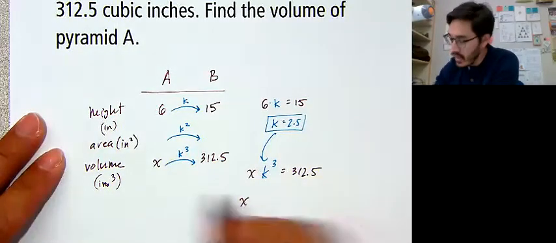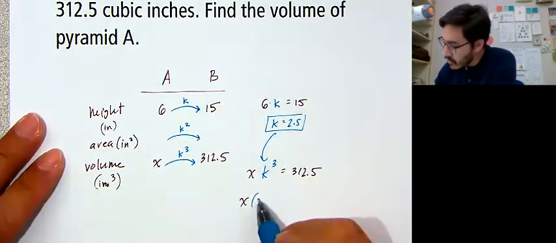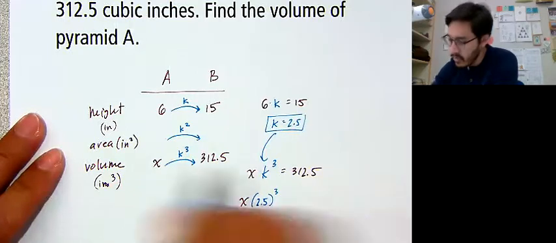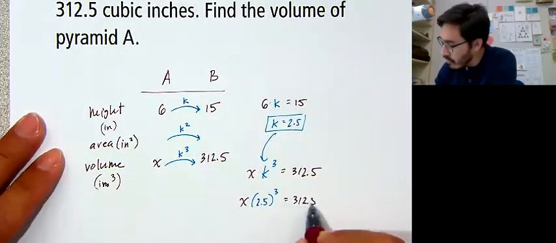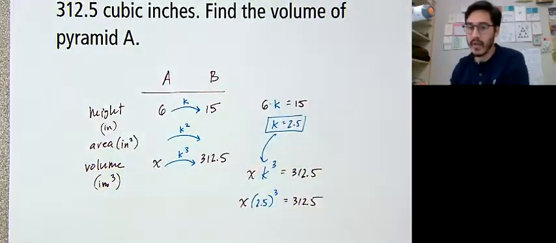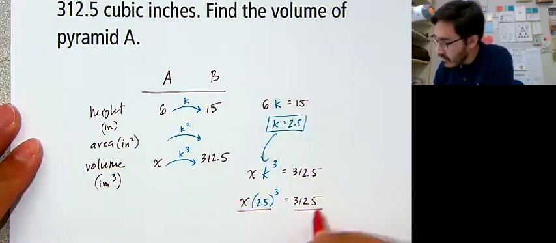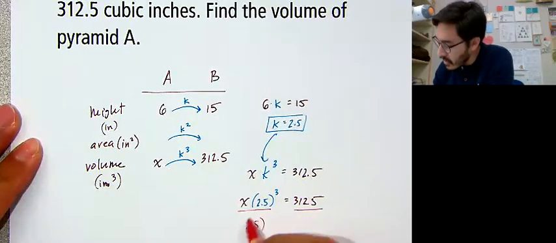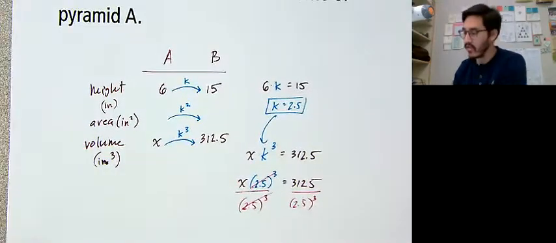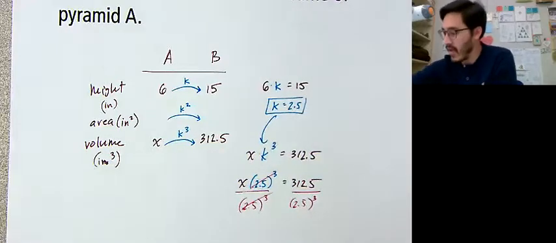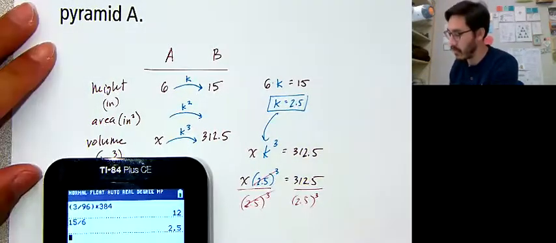Now we have X times 2.5 to the third power equals 312.5. Now all you have to do is divide both sides by 2.5 to the third power. It'll cancel on the left-hand side, and that should give you the final answer.